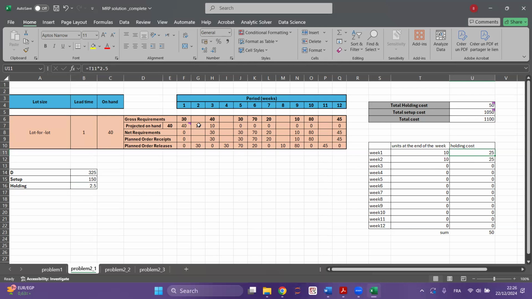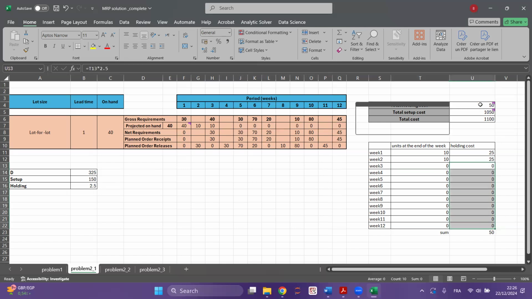Those 10 units stayed in inventory in week 2. So we have inventory cost for those 10 units in week 2. In week 3, we used the remaining 10 units. So for week 3, we don't have inventory, we don't have holding costs for those 10 units. For the rest of the periods, we don't have any units in inventory, so we have a cost of 0.